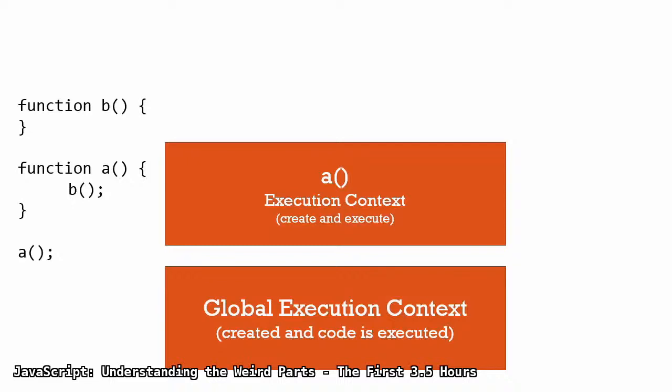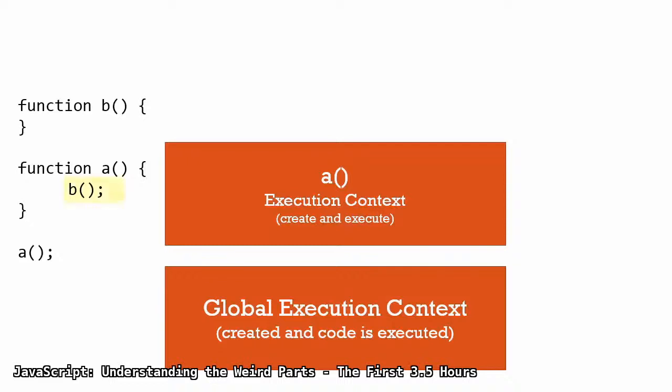So anytime you execute or invoke a function in JavaScript, a new execution context is created and put on the execution stack. So the execution context is created, just like the global one. It will have its own space for variables and functions. It will go through that create phase, and then it will execute line by line the code within the function.